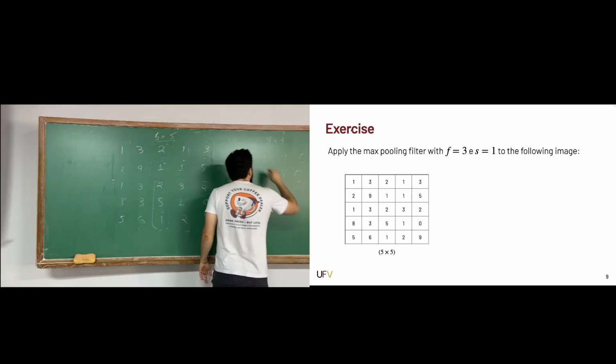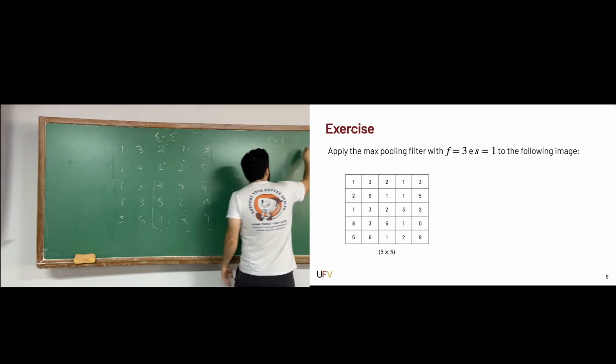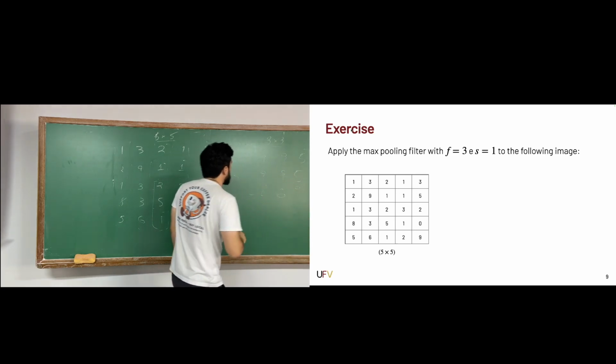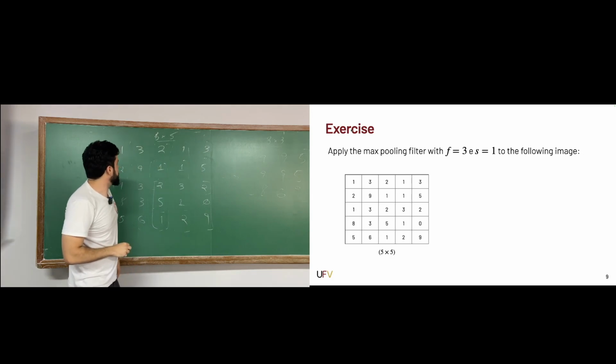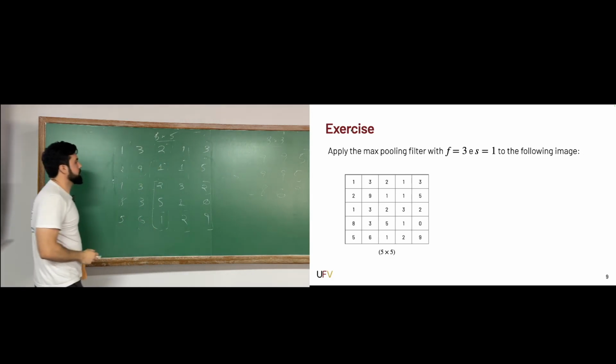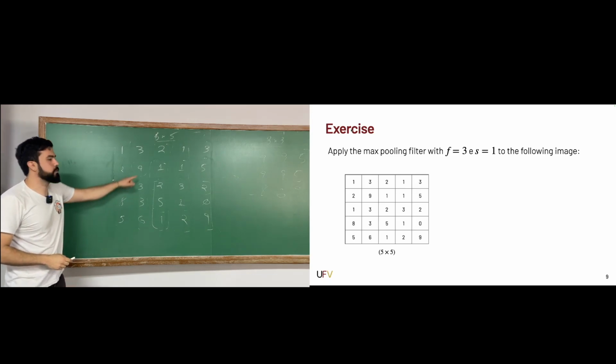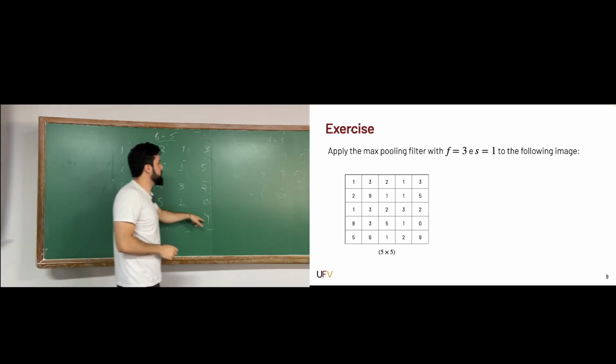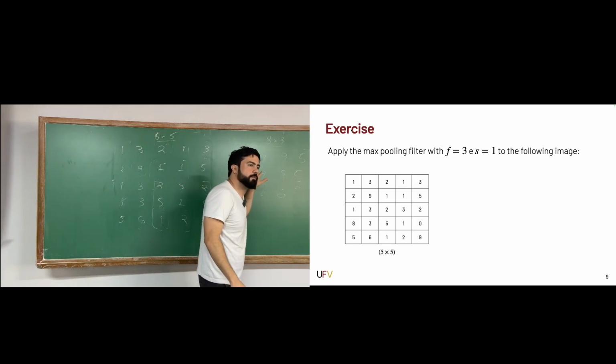But what I wanted to look at is the number of 9s that we got here and the number of 9s we had here. Right? We had only 2 9s in this original image, and now we ended up with a bunch of 9s here.